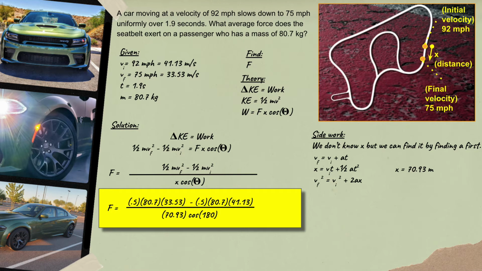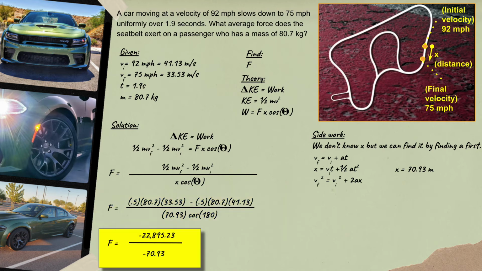But remember, the final velocity is smaller than the initial velocity, so we get a negative number on top. Also, the cosine of 180 is -1, so we also get a negative number on bottom. That leaves us with a force of 322.79 newtons, or in pound force, that is 72.57.